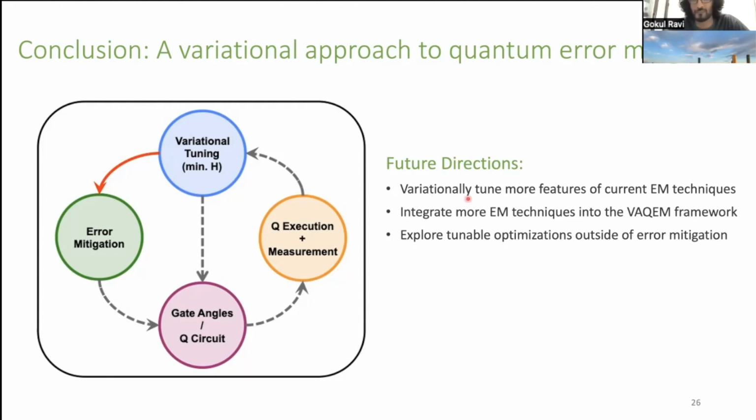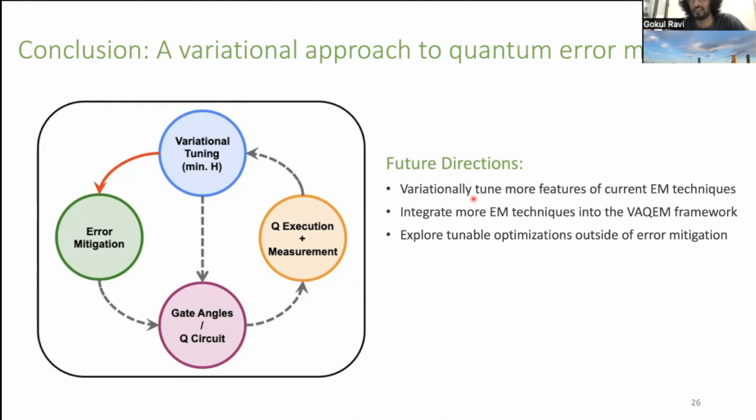Of course, there are many future directions over here. The first is that even in current error mitigation techniques like dynamic decoupling, there are other features which can be optimized. Right now, we were optimizing only the spacing between these DD sequences and the number of DD sequences, but there's also room to optimize the types of DD sequences and so on.